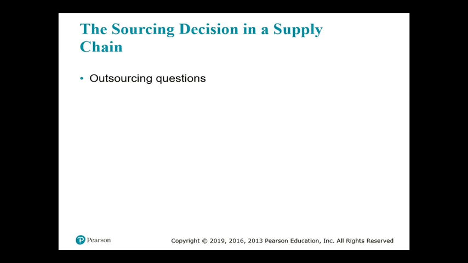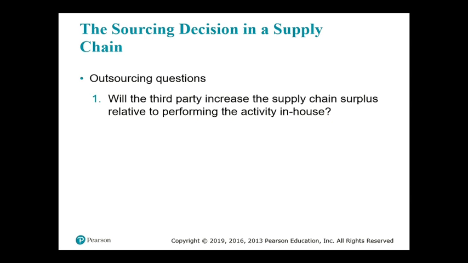In order to decide whether to outsource or not, we need to answer a few questions. One is, what is the added benefit? If we purchase from a third party, does it actually increase my supply chain surplus?